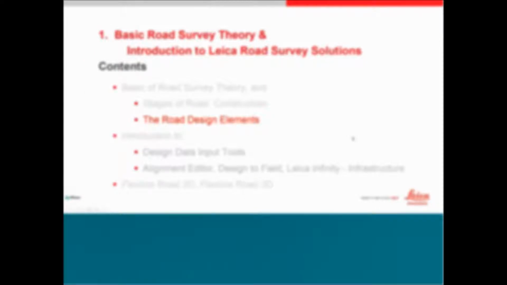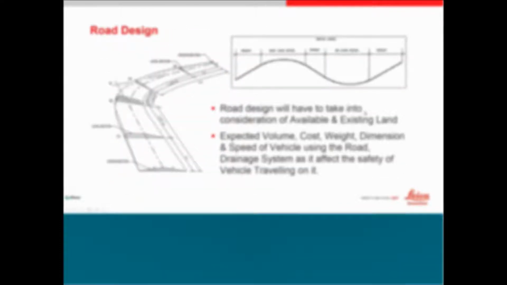Okay, the next item on our agenda today will be road design elements. For road design, first the design will have to take into consideration the available and existing land.